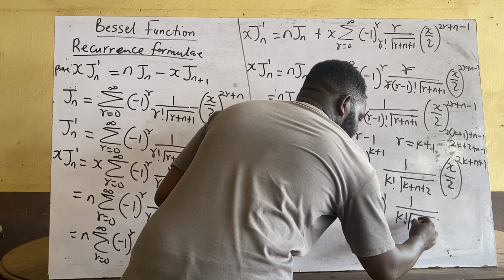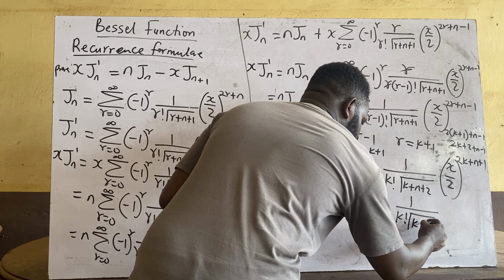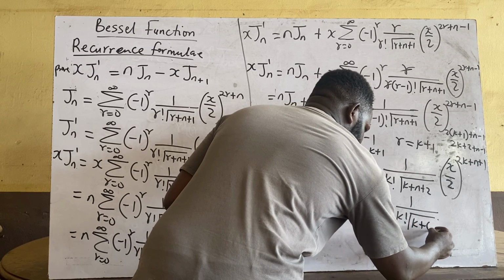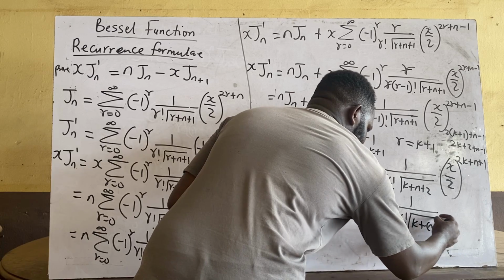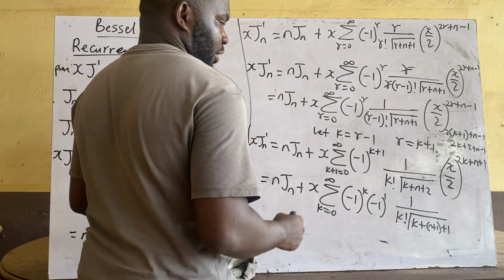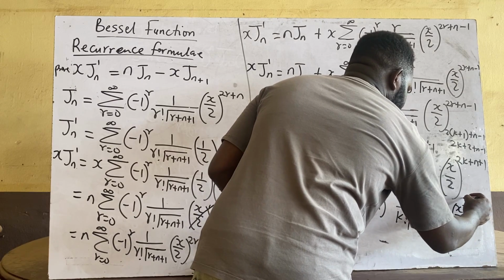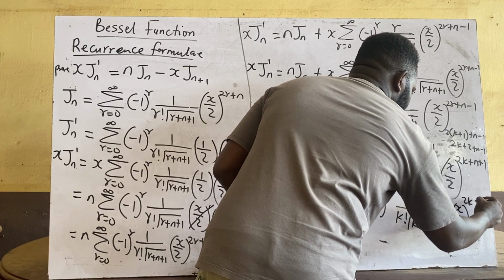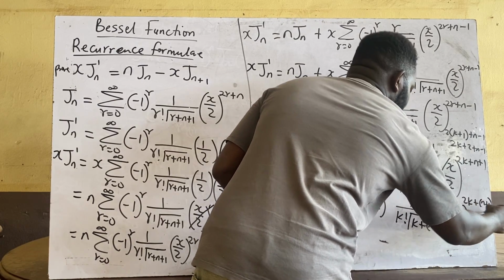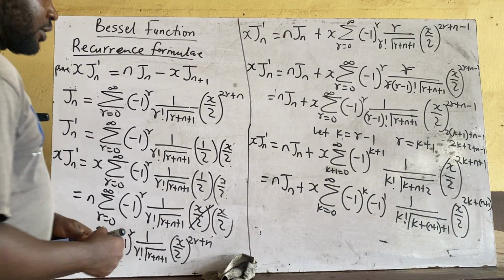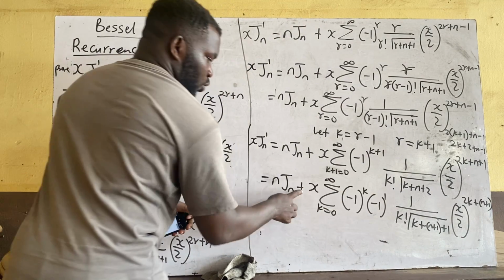Then I'm having the gamma function of k plus n plus 1 plus 1, and then x over 2 to the power 2k plus n plus 1. If you compare this now, minus 1 raised to power 1 will make this minus.